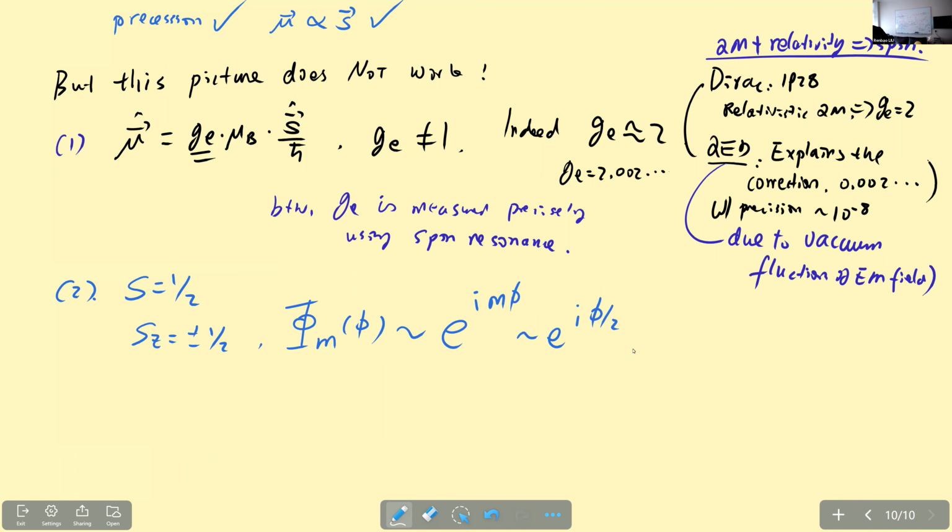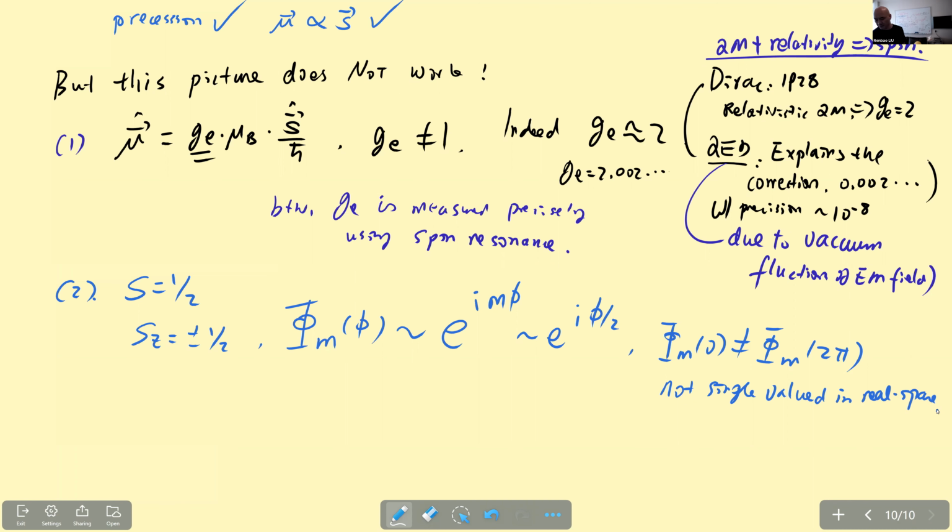And you can see that then the wave functions at 0 and 2 pi are not the same. They differ by a factor of -1. So that means you cannot have this be single valued in real space.